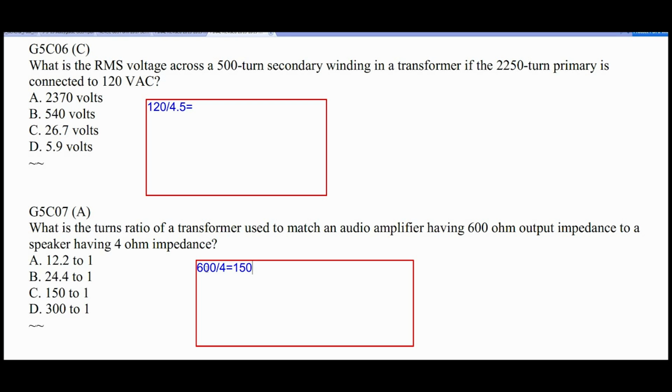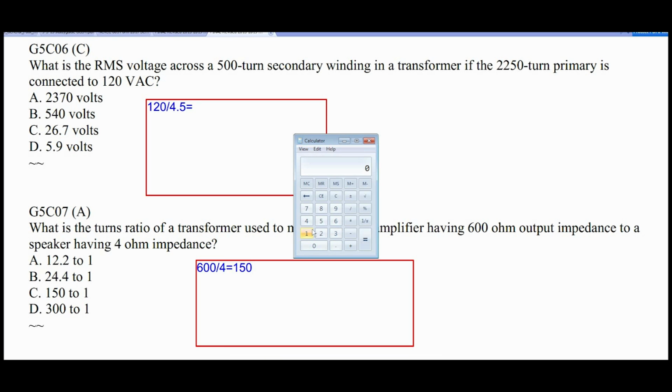So we've got 150. Now it's the square of the square, so it is the square root of 150, which is 12.2. All right, so it's A.